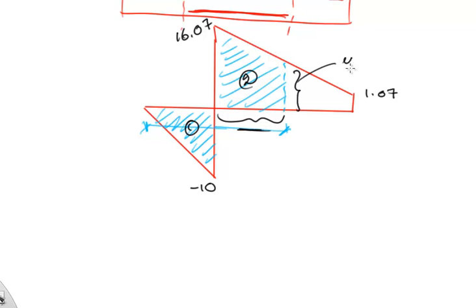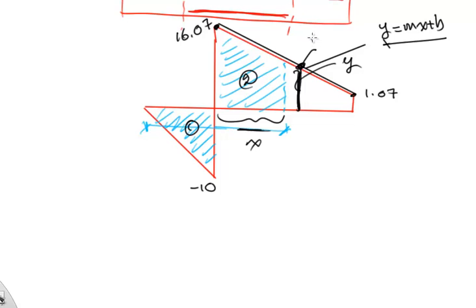Now I need the height y and the distance x. How do you know the height y? Okay, if you know the equation of this line, y equals mx plus b, you can get the coordinates of this point, x and y.